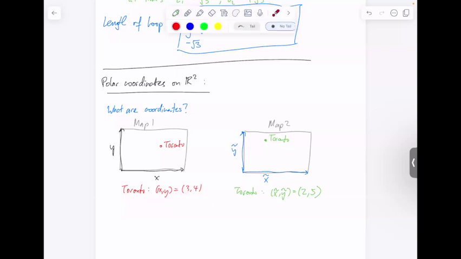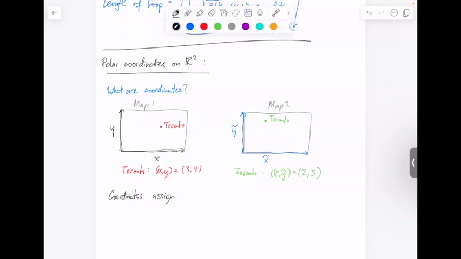So fundamentally, what are coordinates? You're assigning pairs of numbers uniquely to any single point on R2. So coordinates assign to each point in R2 a unique pair of numbers, which are called the coordinates.